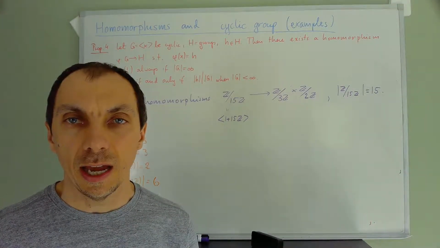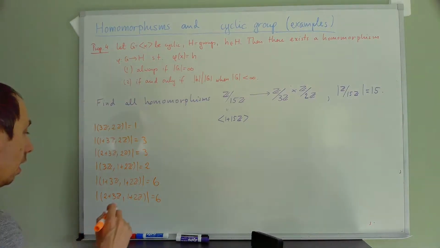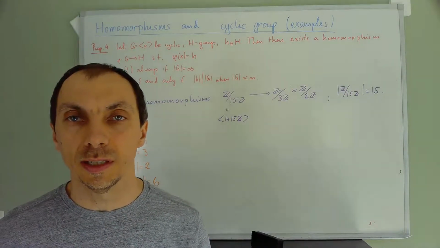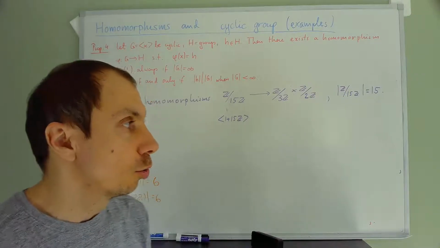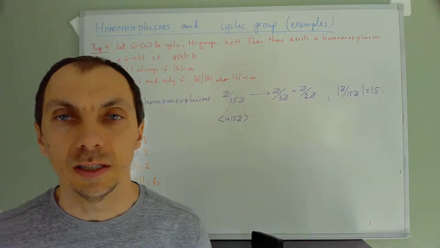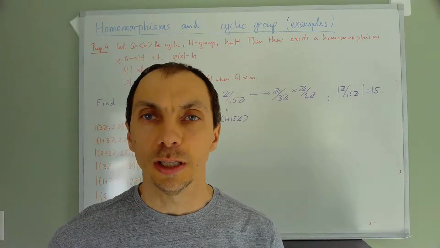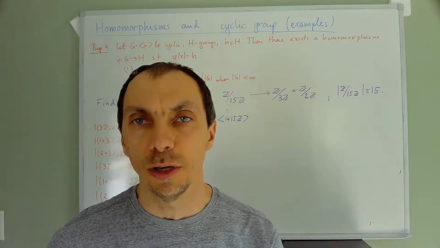Even though I don't really care for this at the moment, there is an immediate conclusion from here. The order of this element, (1 plus 3Z, 1 plus 2Z), is 6, which is the same as the order of the group, which means that this group is cyclic. That might seem surprising at first, because we've seen direct products before, like Z cross Z mod 2Z cross Z mod 2Z, they weren't cyclic.